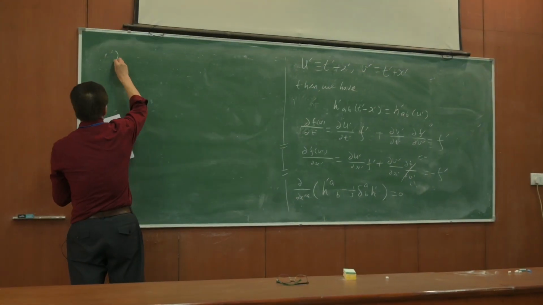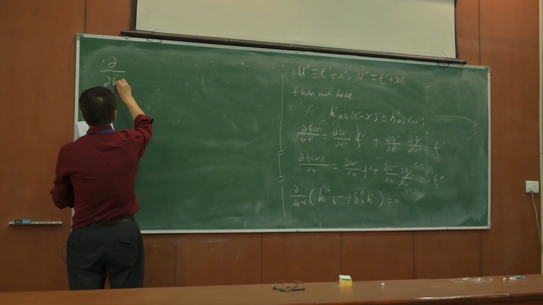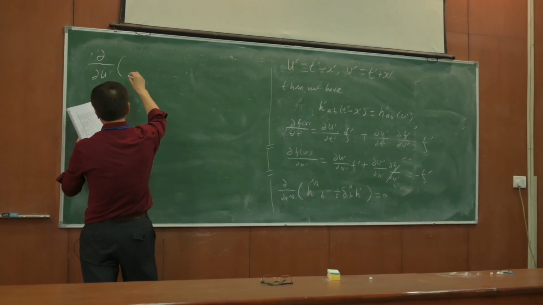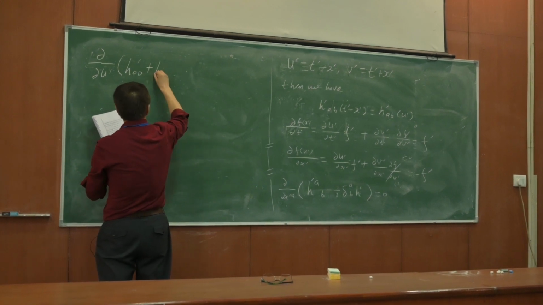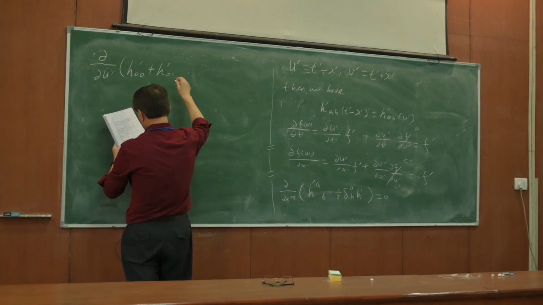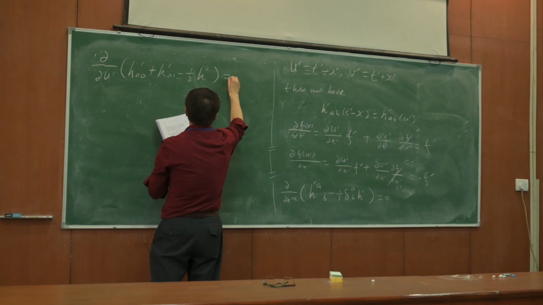We have d u prime: h 0 0 prime plus h 1 0 prime minus 1/2 h prime equals 0.